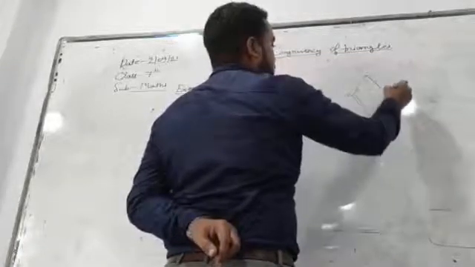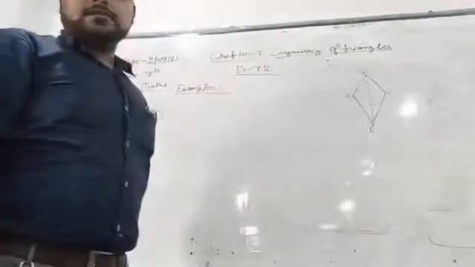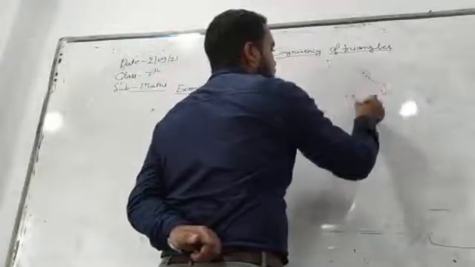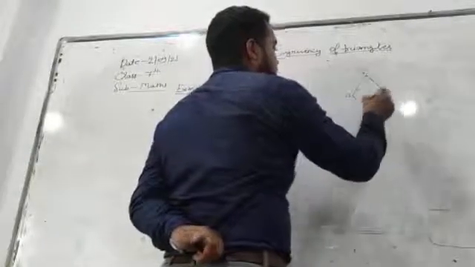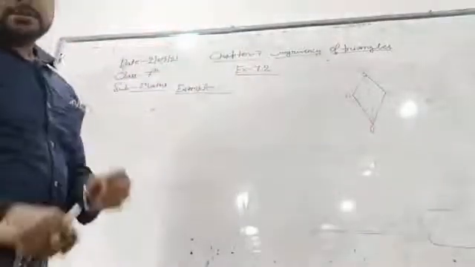Here is a quadrilateral ABCD, in which AD is equals to DC and AB is equals to BC. It is given. Okay.